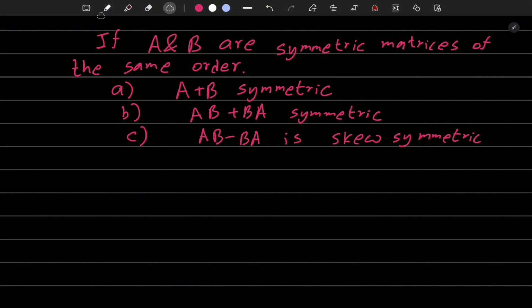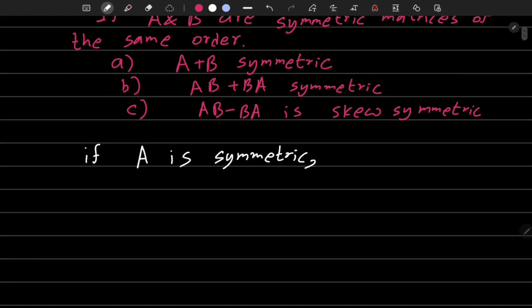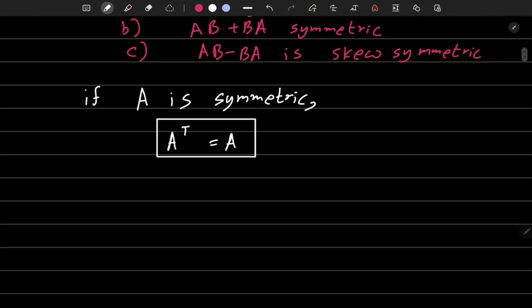First we will look at the meaning of a symmetric matrix. If a matrix A is symmetric, then I can write the transpose of A is equal to A. If this requirement is true, then I can say that A matrix is symmetric.